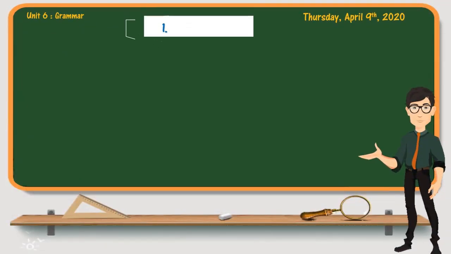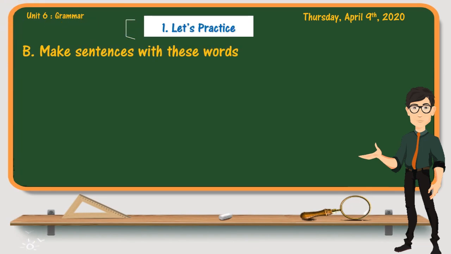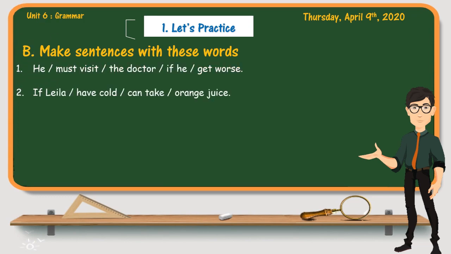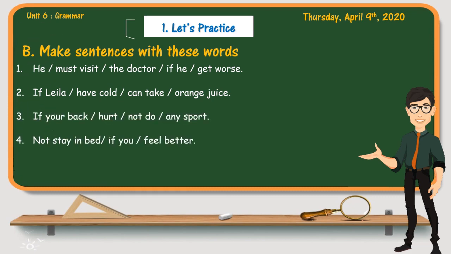Task 2. In this exercise, I would like you now to make sentences with these words. You've got a list of words to be used to make a conditional sentence with correct forms of the verbs.